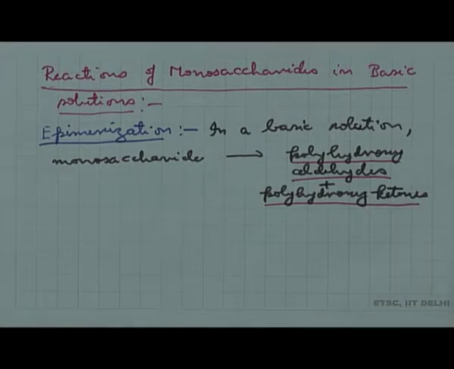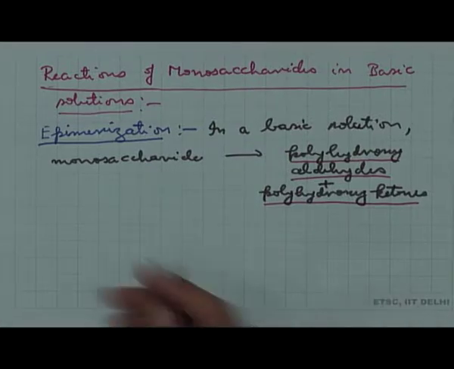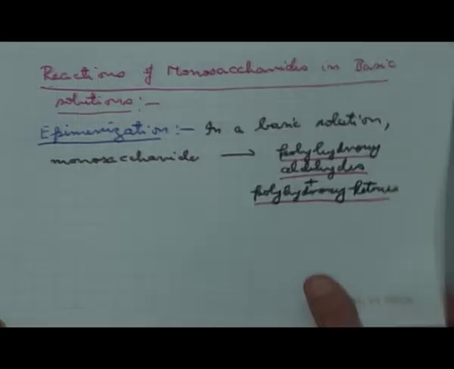How does it happen? Let us look at the mechanistic part, what happens to D-glucose if it is treated with the base, and what kind of chemistry takes place. So, I am going to draw the structure of D-glucose.